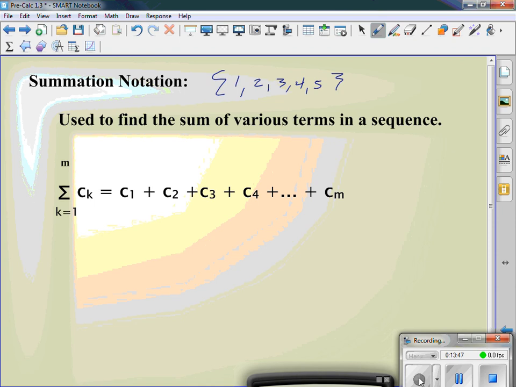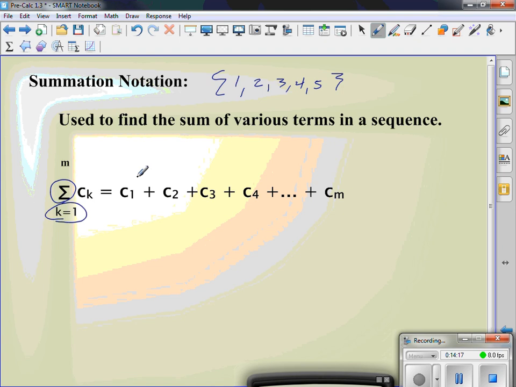All right, on here, you have the big giant E. What's that big giant E called? Anyone know? It starts with an S. It's a Greek letter, the Greek letter sigma. It's the summation. K equals 1 just tells me my variable is starting at 1.